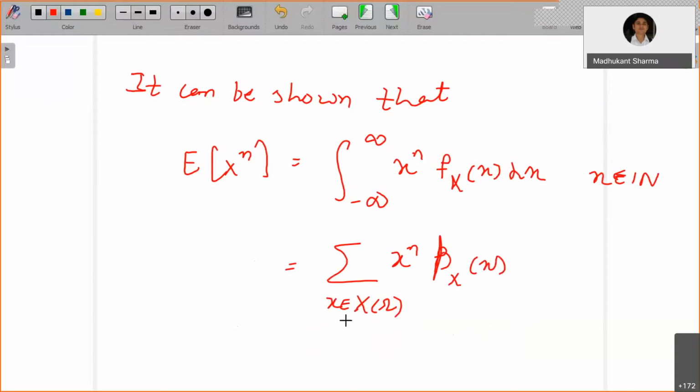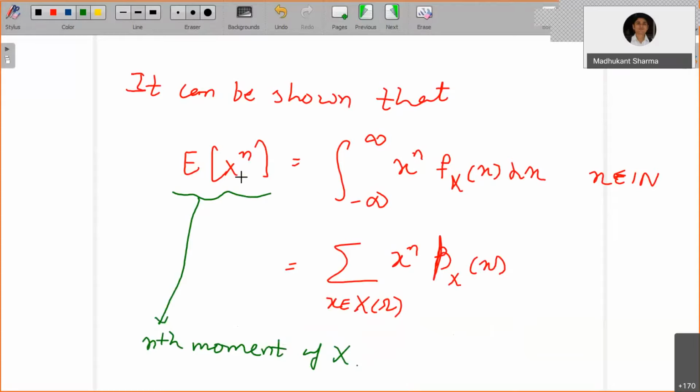These are the means of the random variable x to the power n. This is also known as the nth moment of x, the nth moment of x about the origin, because here x minus 0 to the power n is hidden.